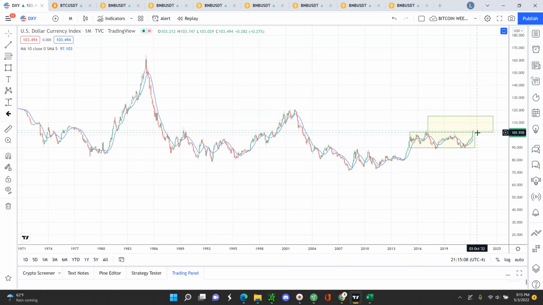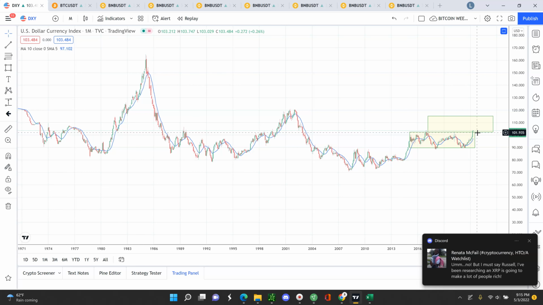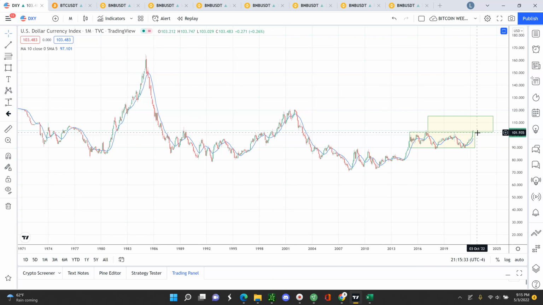We don't know if it's going to be 25, 50 basis points or 75 basis points. No idea. But those numbers are significant in that, in my opinion, the markets have priced in a 25 basis point rate hike. So I think that anything beyond 50 basis points, the markets are not going to handle that very well. That's just my opinion.